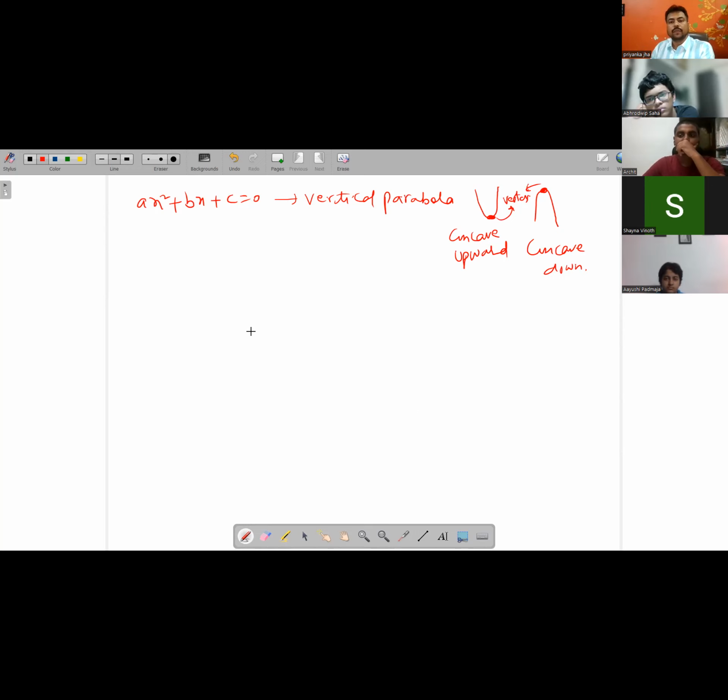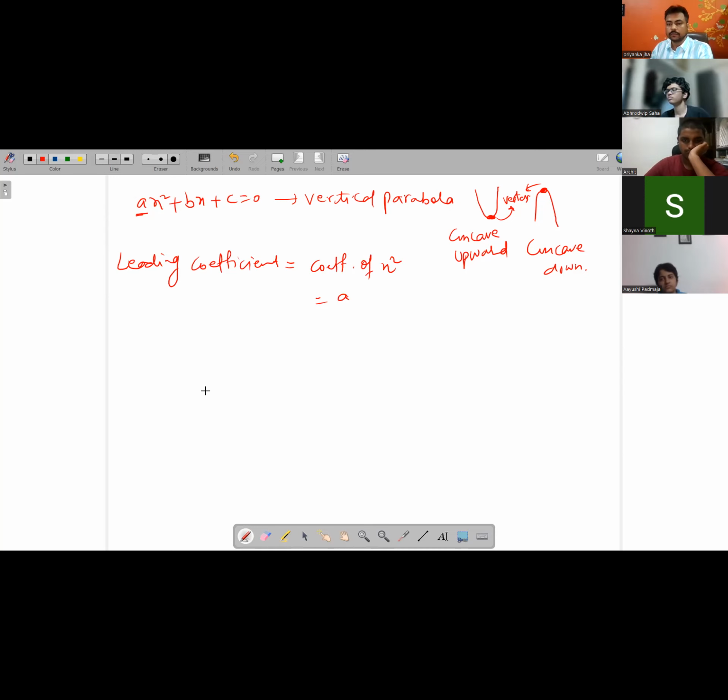Now I'll tell you when this curve will have its mouth open vertically upward, and when it will have its mouth open vertically downward. That will depend on the sign of A. A is known as the leading coefficient, that is, the coefficient of x squared.